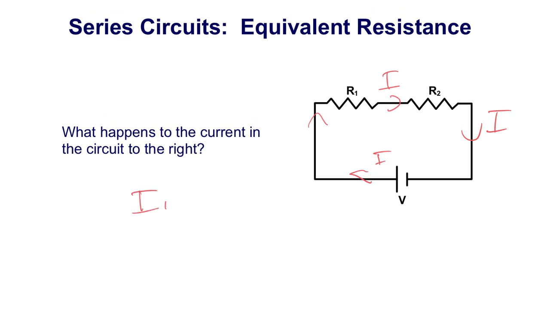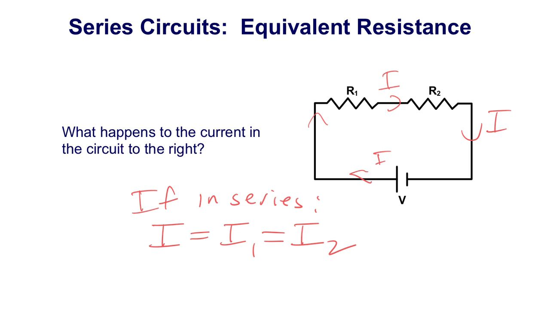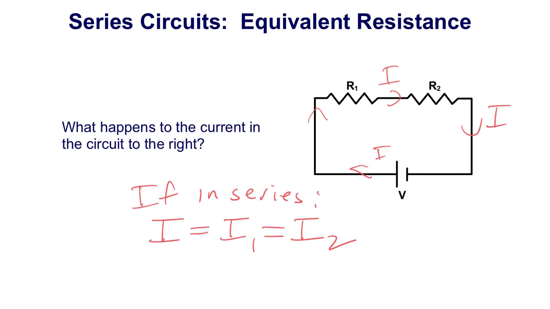So if it's a series circuit, we can say that I equals the current running through anywhere in that loop. Okay, so I1 would be the current going through R1. I2 would be the current going through R2. All the currents, if they're in series, have to equal each other.